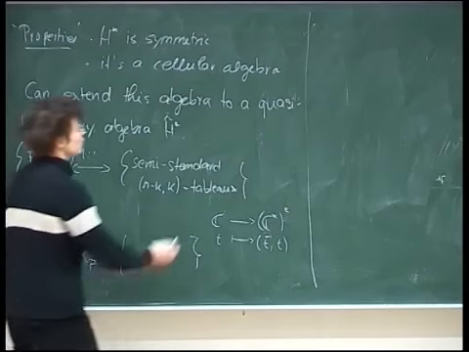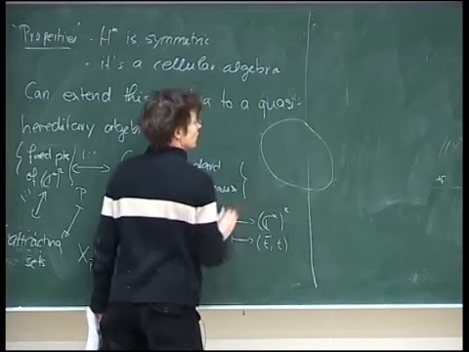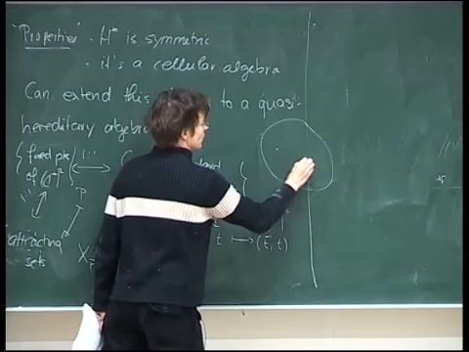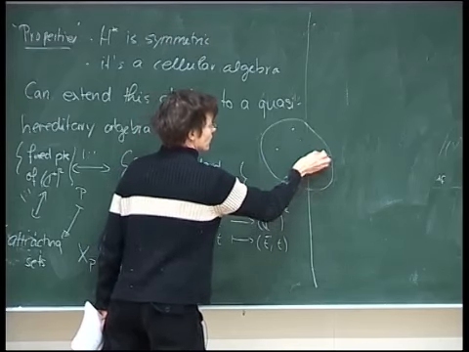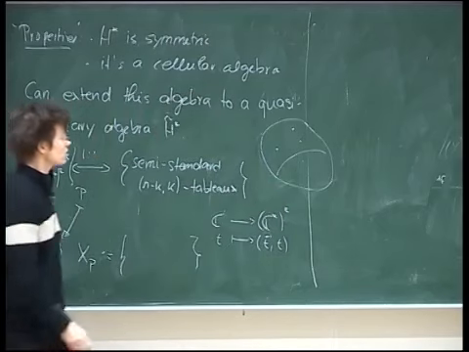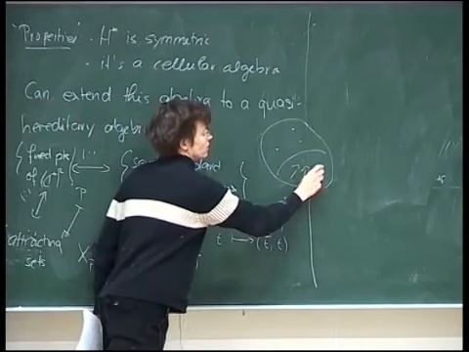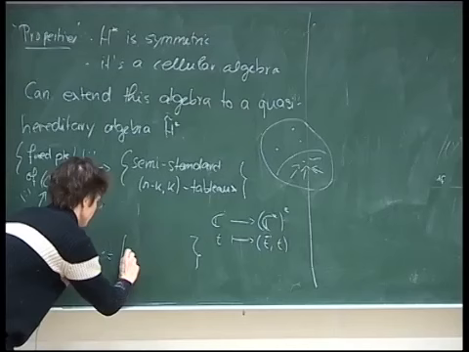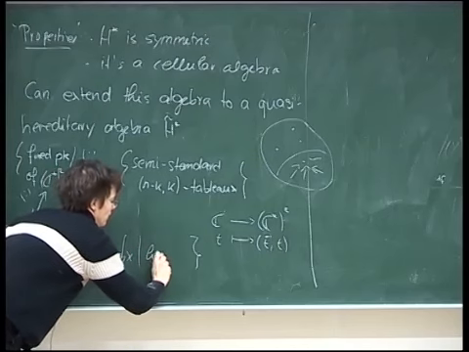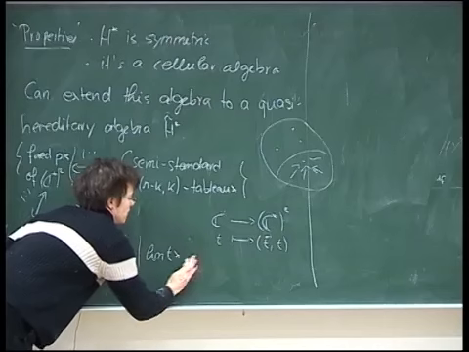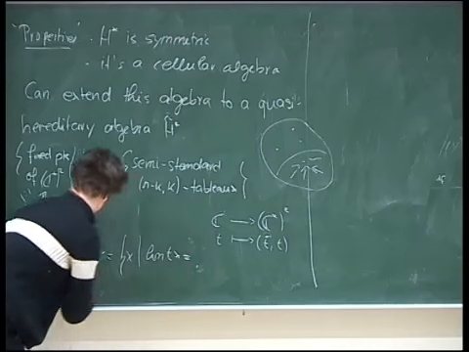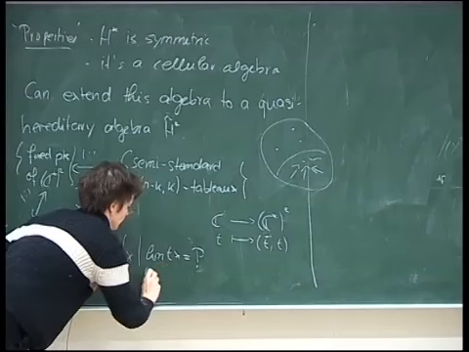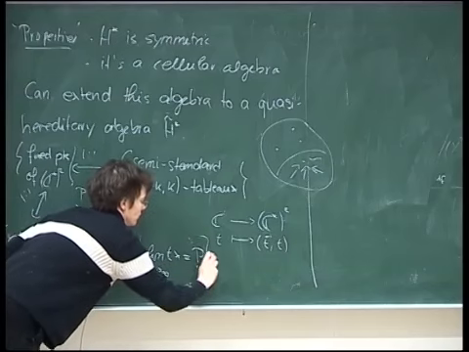So I have here my Springer fiber. I would have my fixed points, and I can look at attracting sets. That means everything which is attracted to a fixed point when I let t go to infinity. So these are all x such that if I act with t on x, then I get P for t going to infinity.